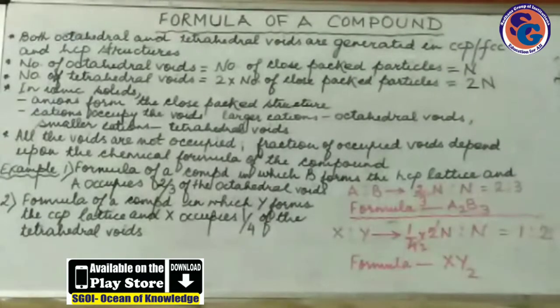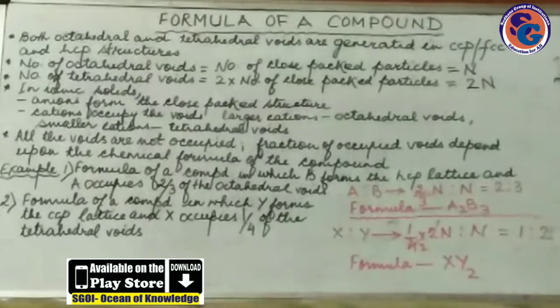The number of tetrahedral voids, as I had told in my last class, is double the number of octahedral voids. And since the number of octahedral voids and the number of close packed particles are equal, the number of tetrahedral voids is double the number of close packed particles. And that can be represented as 2n.